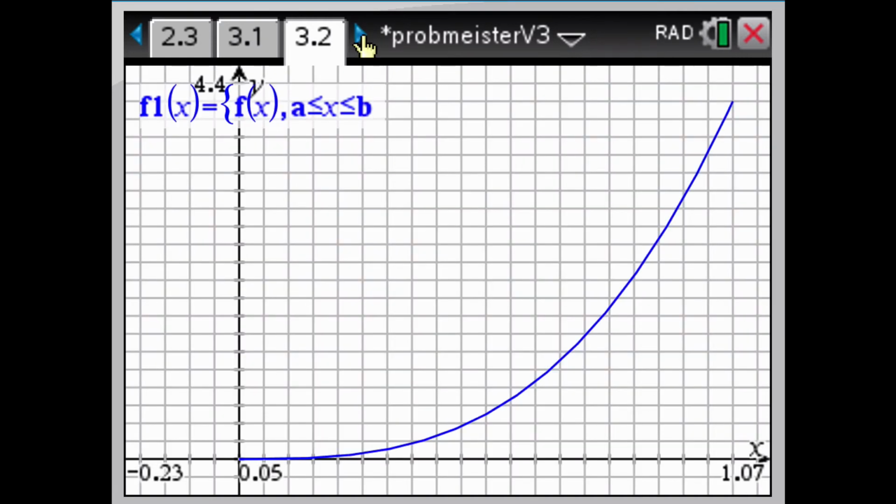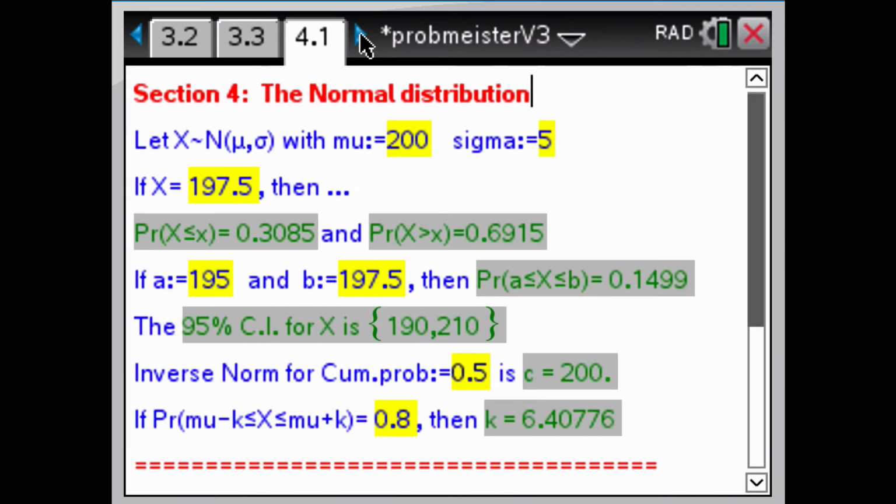So that's the general continuous PDF, and now this is just for a visualization of the function defined and a calculation page.